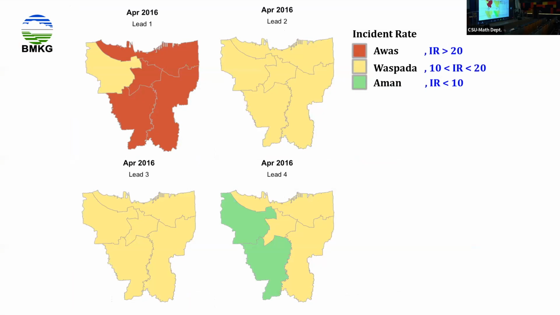So we represent our result in a choropleth map. We have 3 different types of warning scenario, because the health department didn't want a nice map with a smooth scale.